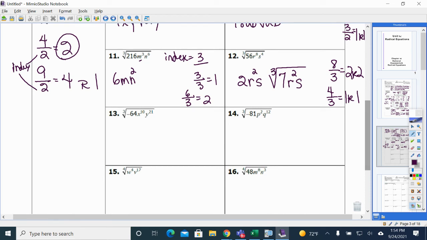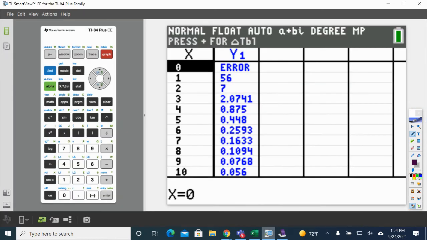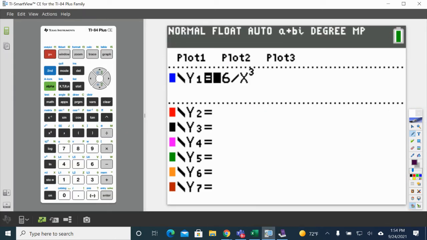13 and 14 are just like number 11, except that because there's a negative underneath and it is an index of 3, there'll be a negative on the outside. Let me do one of these. So number 13 says the cube root of negative 64, x to the 10th, y to the 21st. So let's take care of the cube root of 64.